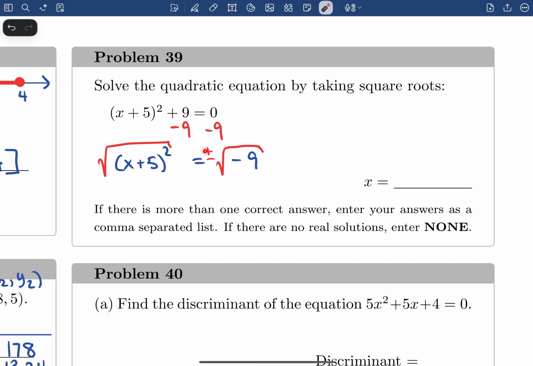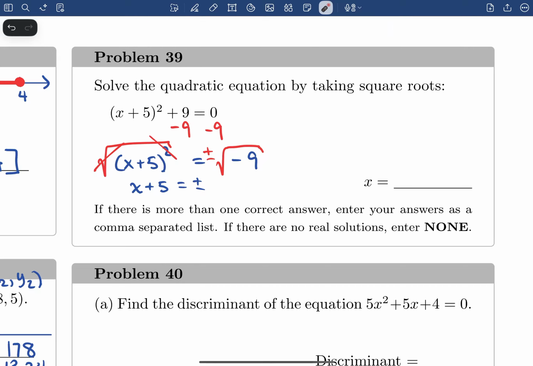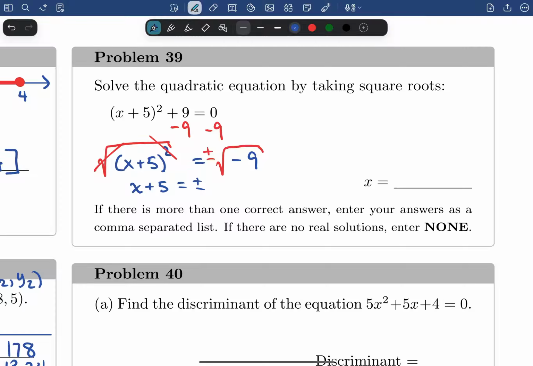There are two solutions to a quadratic, and that's why we have this plus or minus symbol to represent the two different solutions. So the square and the square root, they fight and die, and I get x plus 5 equals plus or minus the square root of negative 9. Now, at this point, we've discussed that when we have a negative number under a square root, that's an imaginary solution. So you can make that negative become positive as long as you multiply an i before or after the square root.